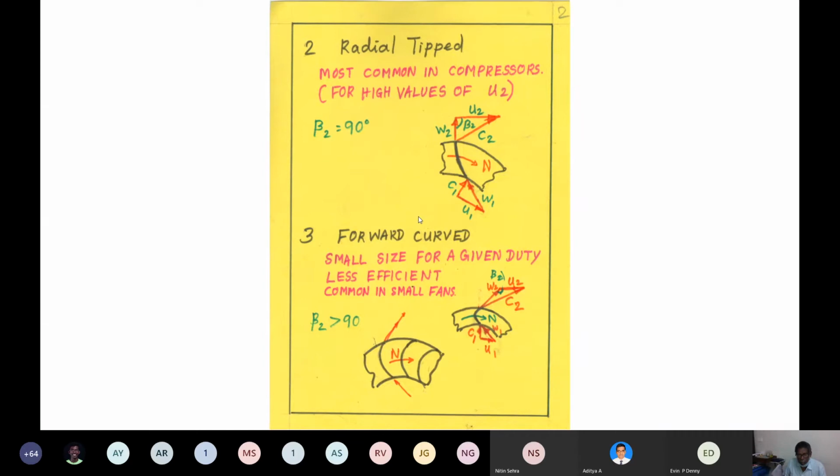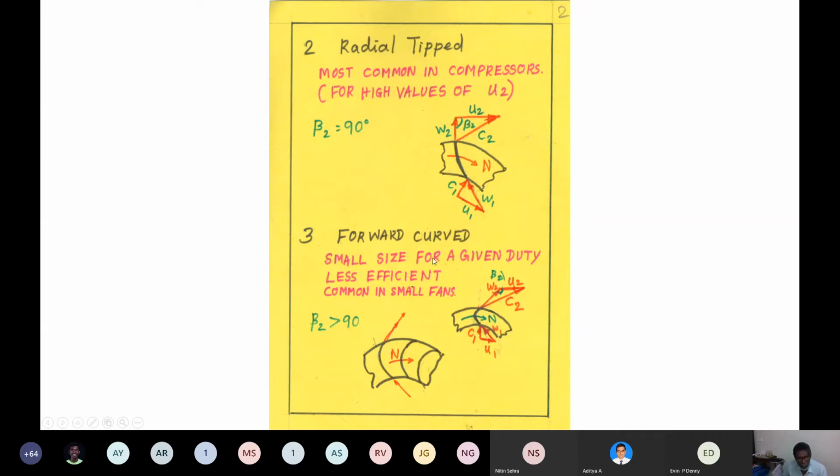Now, the next one is the forward curved one. Okay, so here, not used in big machines. It's for small size, common for small fans. Advantages: the size is very small, but it is less efficient.